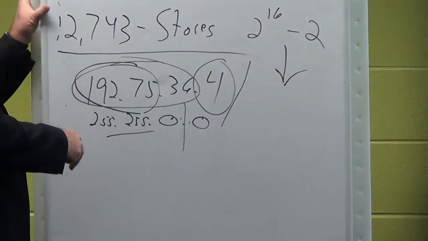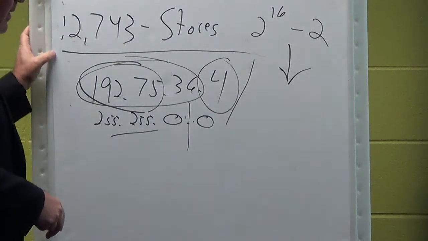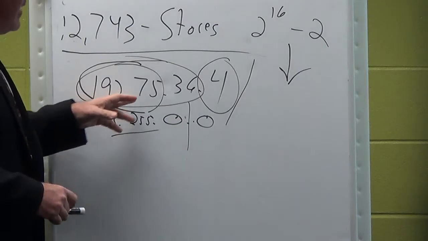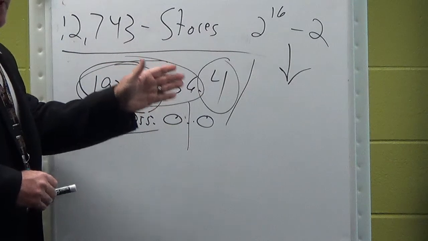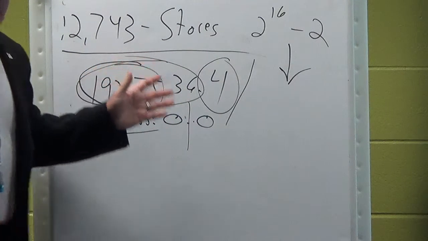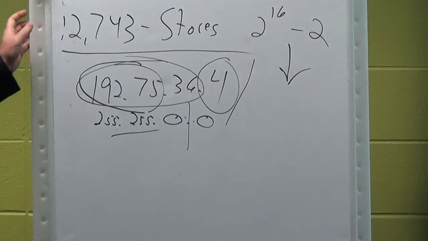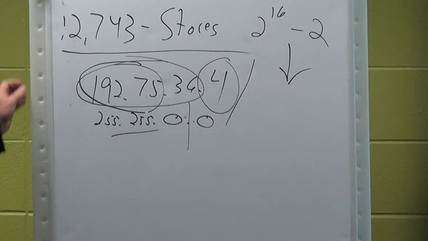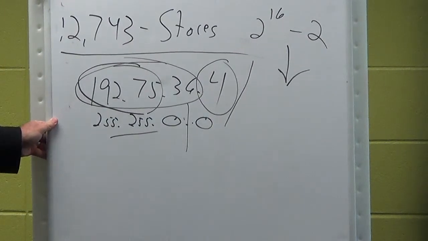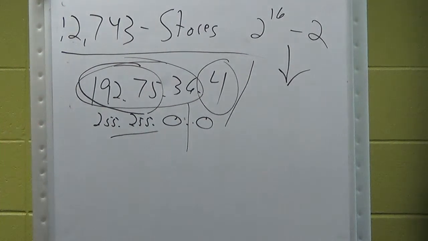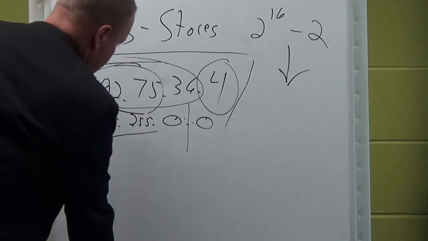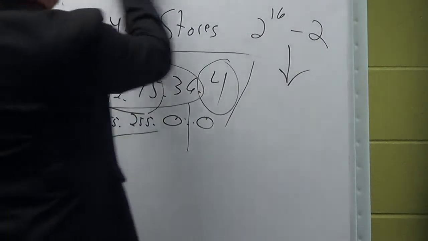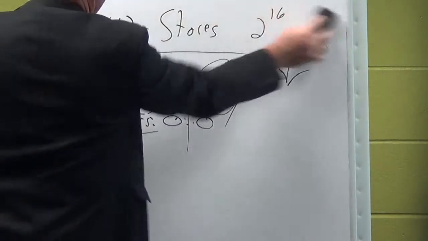Given this network address of 192.75.0.0, this is one location, right? This is a Microsoft or Apple store in Chicago, Illinois. I want to open up a store in Indianapolis, Indiana.